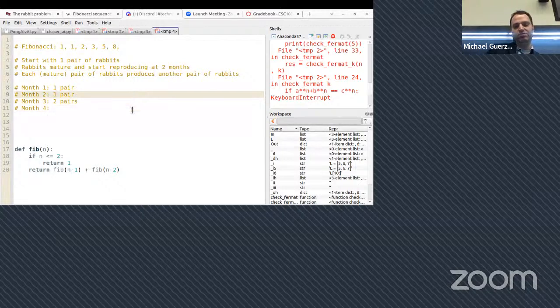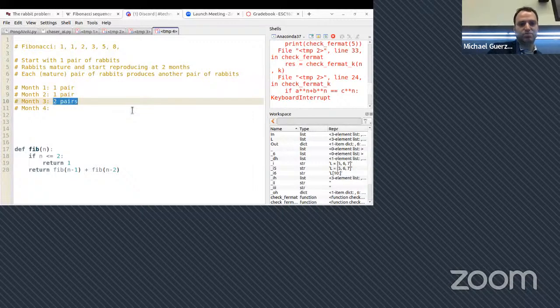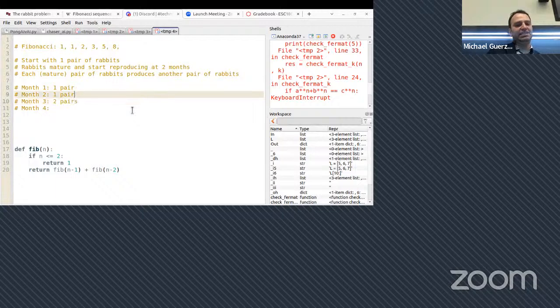You have the old rabbits over here, which are going to produce another pair. And then you have everything except this pair, so 1 pair over here that's also going to reproduce. So that's going to be 1 plus 2.